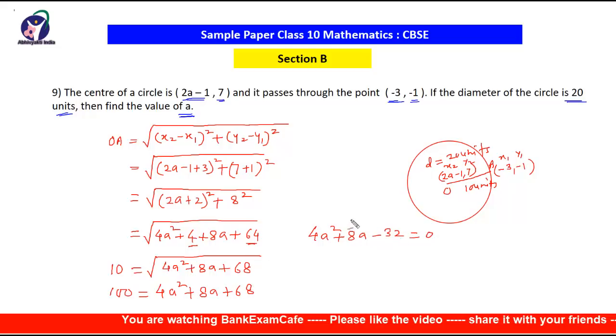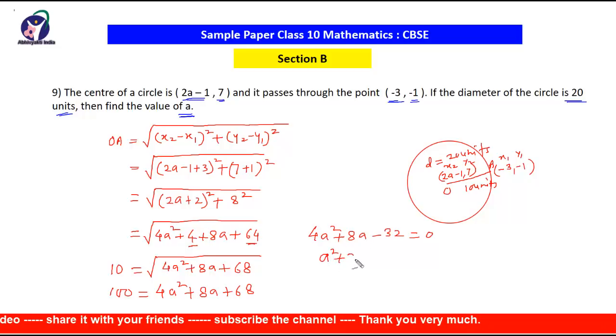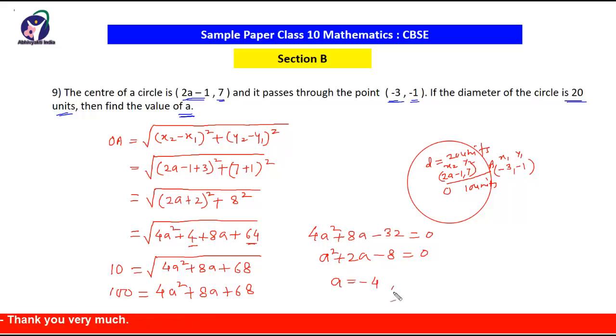After solving this, first take the 4 as a common factor, so divide by 4 throughout the equation, so we will get a square plus 4 2s are 2a minus 4 8s are 32, which is equal to 0. Now solve this by splitting the middle term, and then we will get a is equal to minus 4 and the other value of a is equal to 2. So the two values of a are minus 4 and 2.